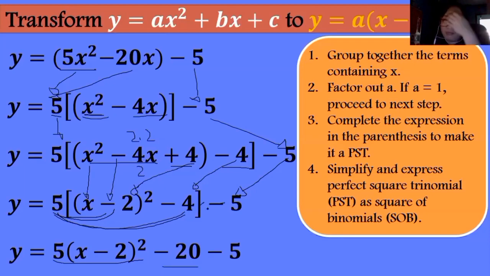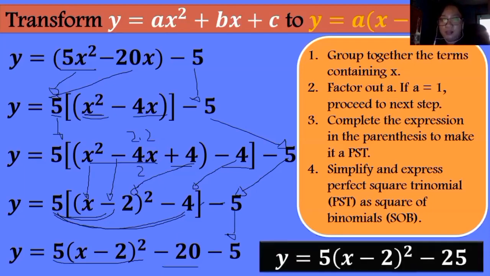Now we have removed the bracket. Copy the negative 5. The next step would be the final answer. So, copy this part and then simplify negative 20 minus 5 and you'll have negative 25. This is now your vertex form.